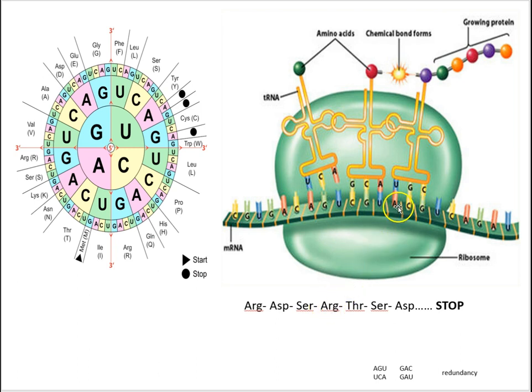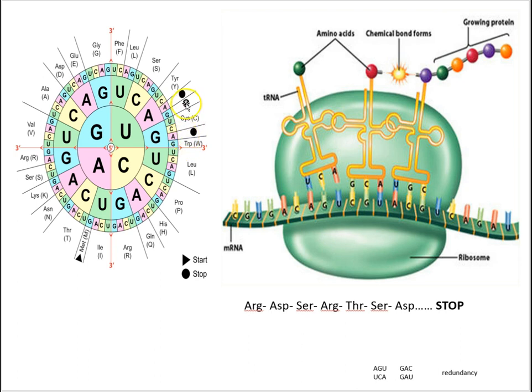Then we have ACG. That's threonine. And then we have UCA. That's serine. And then we have GAU. That's aspartate again. So this would go on until we get a stop triplet.